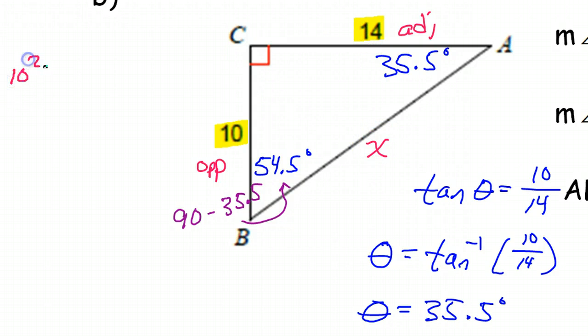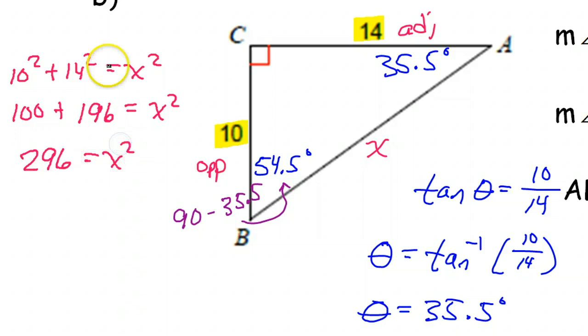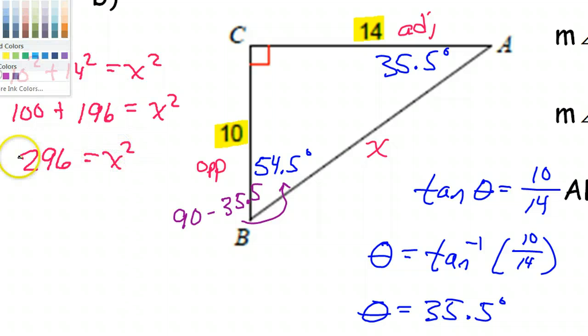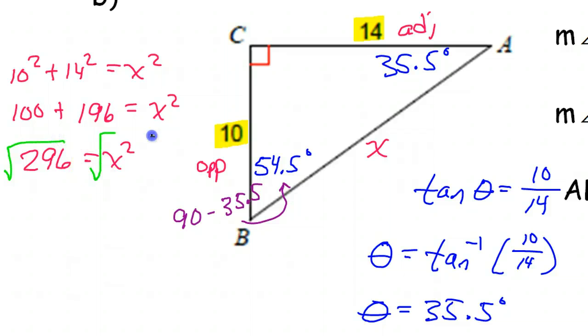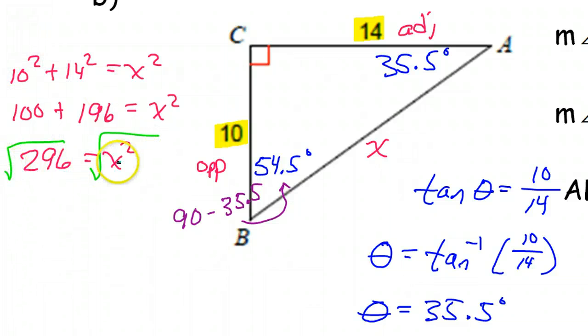So we're talking about 10 squared plus 14 squared is equal to x squared. That's 100 plus 196, so 296 is equal to x squared. Then we will take the square root of both sides. Normally we do plus or minus, but lengths cannot be negative.